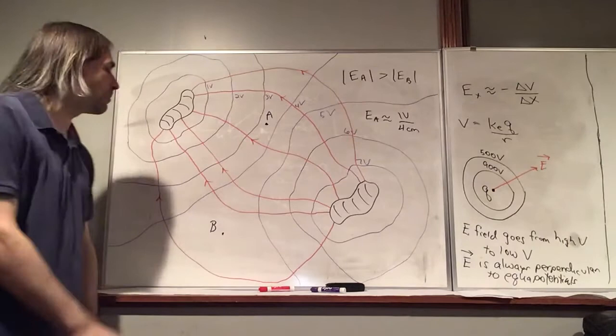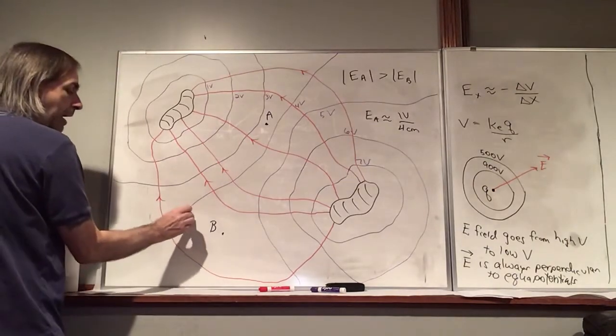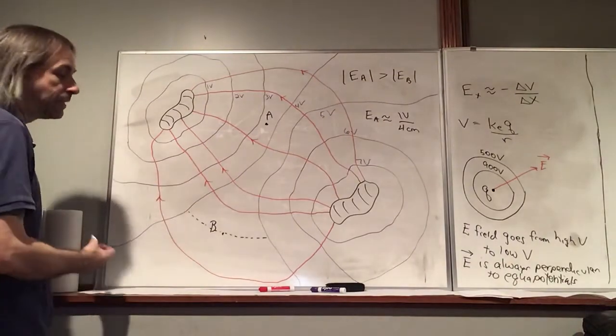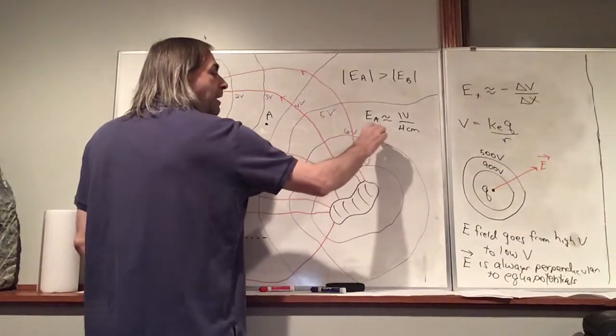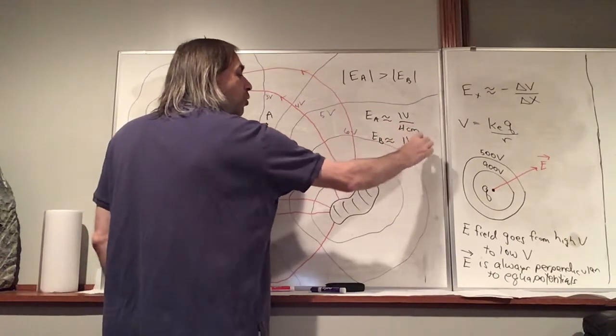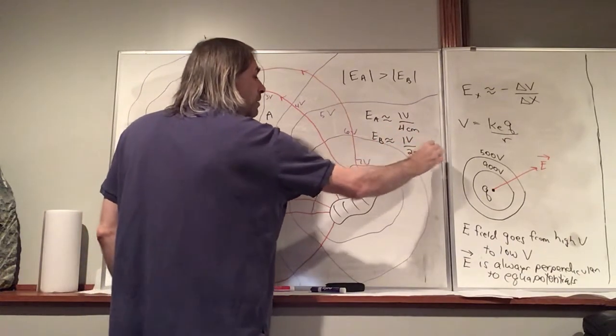That'd be a reasonably good approximation. At B, we look at this distance, which is maybe 25 centimeters. So the electric field at B is approximately 1 volt over 25 centimeters.